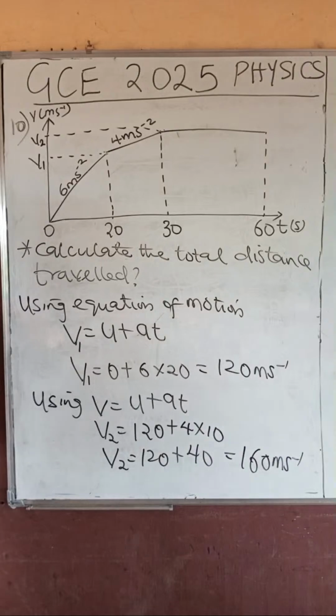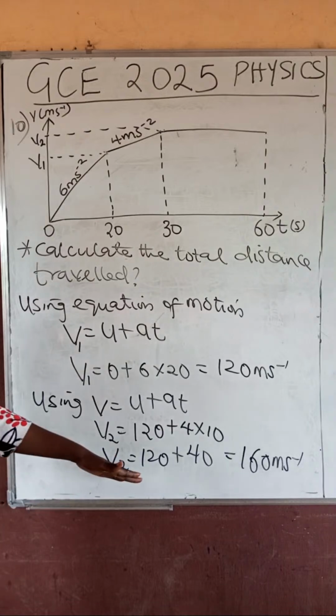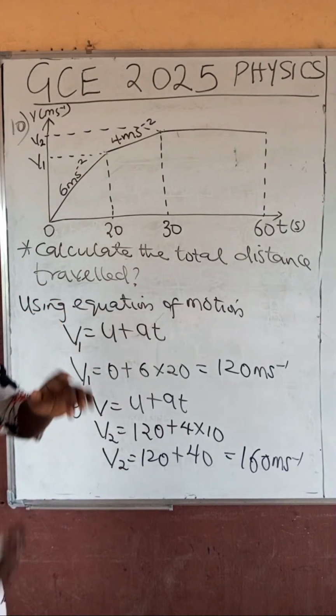This becomes my maximum speed. So I've gotten my V1 to be 120 and my V2 to be 160. Is that clear? Now this will give us an edge to solve for the total distance traveled.